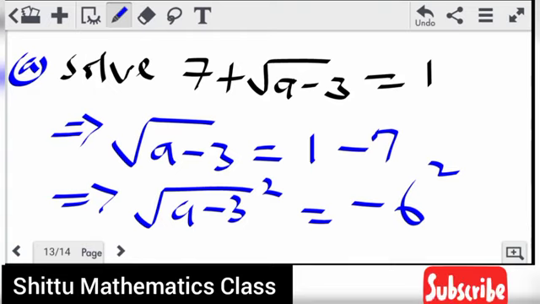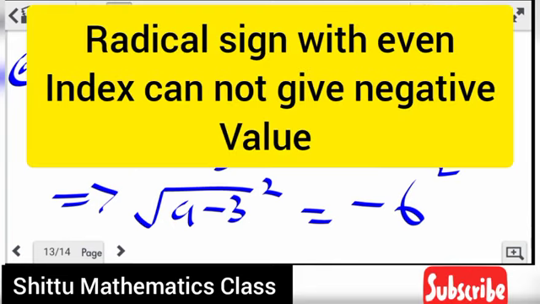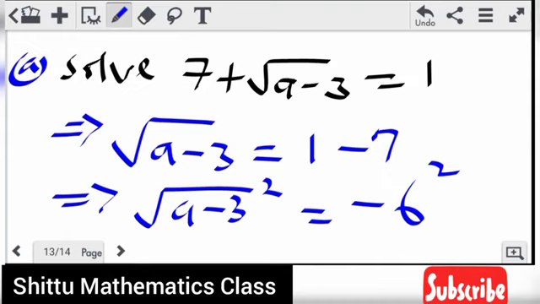A radical with an even index can never give us a negative result. Do you understand now? The radical with even index cannot have a negative result. So therefore we say this equation doesn't have a solution. Are you getting what I'm saying?